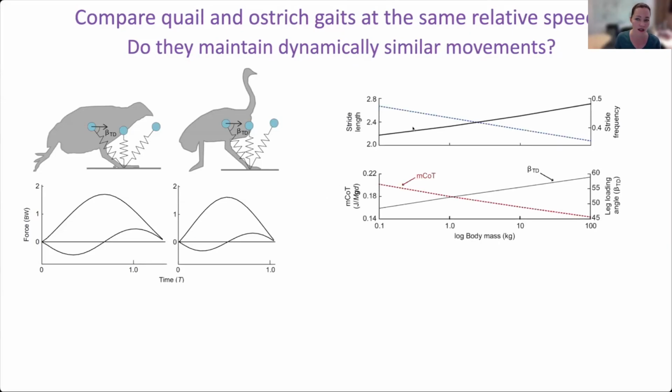So here we did simulations for a hypothetical range from the 100-gram quail to 100-kilogram ostrich. And the scaling patterns we observe is that, as body mass increases, relative stride length decreases and relative stride frequency increases.